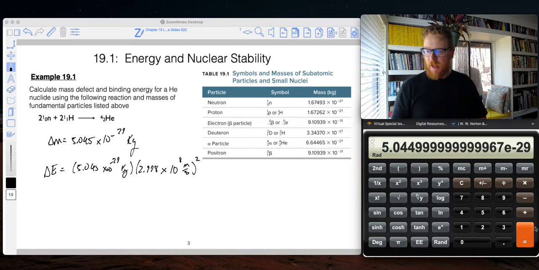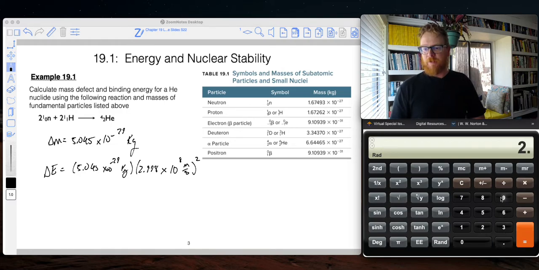There it is. And now I'm going to say times 2.998 e to the 8 equals, and then I should have said squared, so I'll just multiply it times another speed of light.